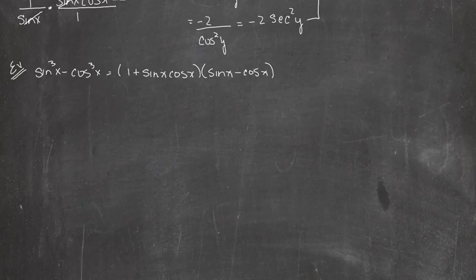On the other side, I have distributions. So I'm going to go ahead and start with the other side, because I think it's actually going to take me to the left-hand side faster. So first I want to distribute: 1 times sine x is sine x. 1 times negative cos x is minus cos x. And now sine x times sine x cos x, a positive, would give me a plus sine squared x cos x.